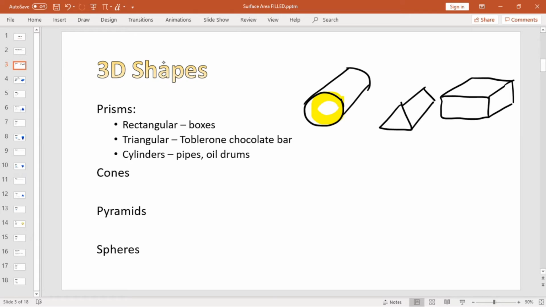Cones are when we have a circle, and then we have a nice smooth-sided thing added on, like your ice cream cone. Pyramids are like the ones in Egypt, where you have a bunch of extra triangles, and spheres are just round, like balls.